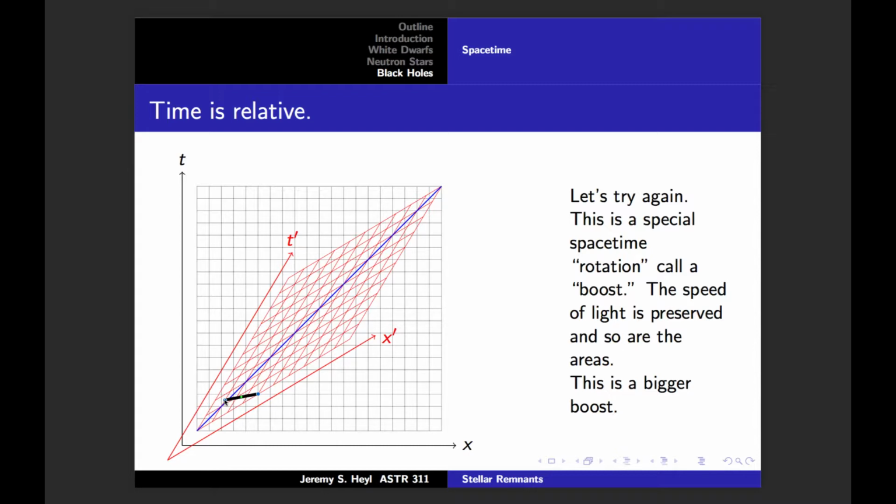If you wanted to go backwards in time, you would have to be going faster than the speed of light, because the speed of light is that blue diagonal. So that's why going faster than the speed of light is the same as going backwards in time.